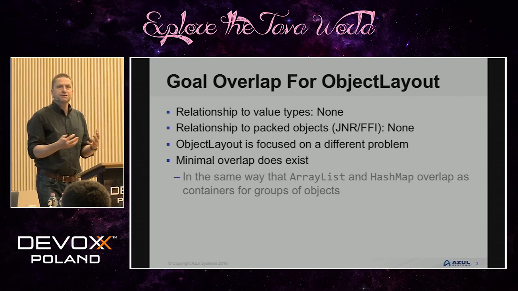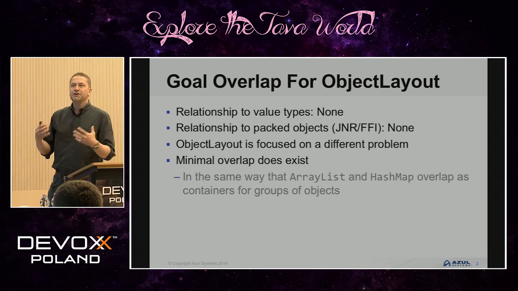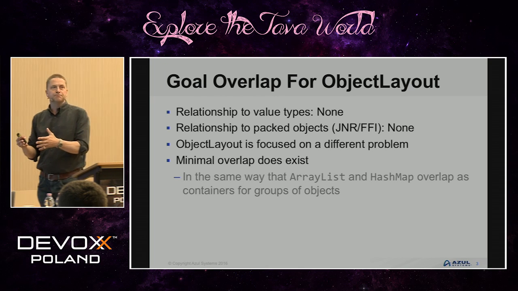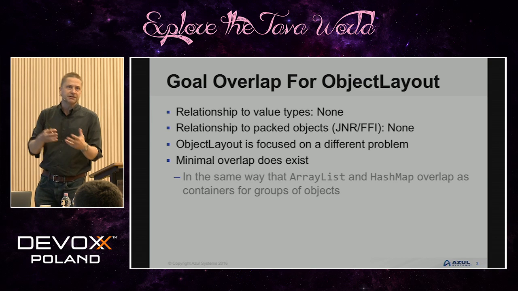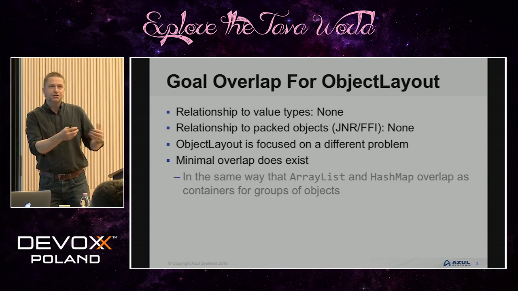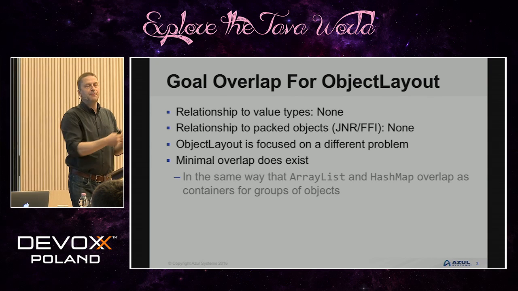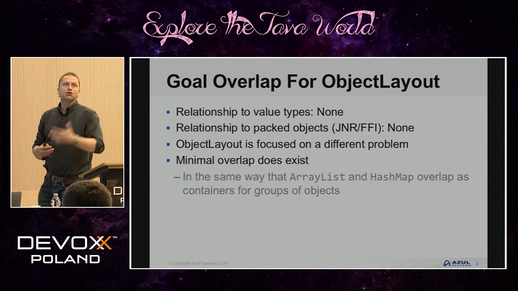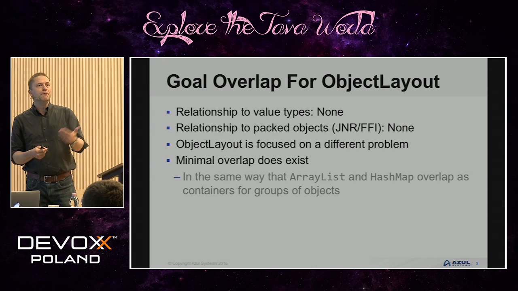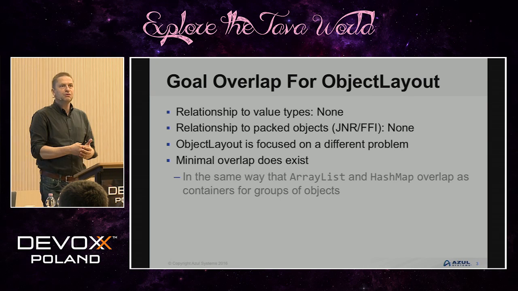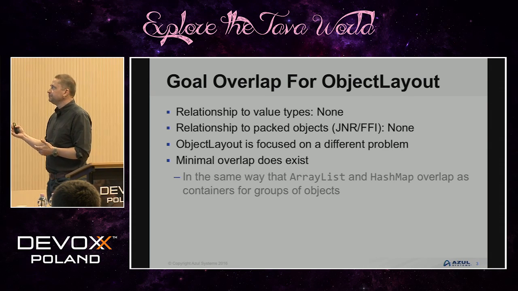And value types is about allowing you to do things like having generics for primitive types, so that you don't have to encapsulate a primitive in an object in order to put it in a collection. You can just use a primitive as a value type. Value types is about being able to return a tuple, more than one value from a method. So these things are not the same as the goals that we have for object layout.